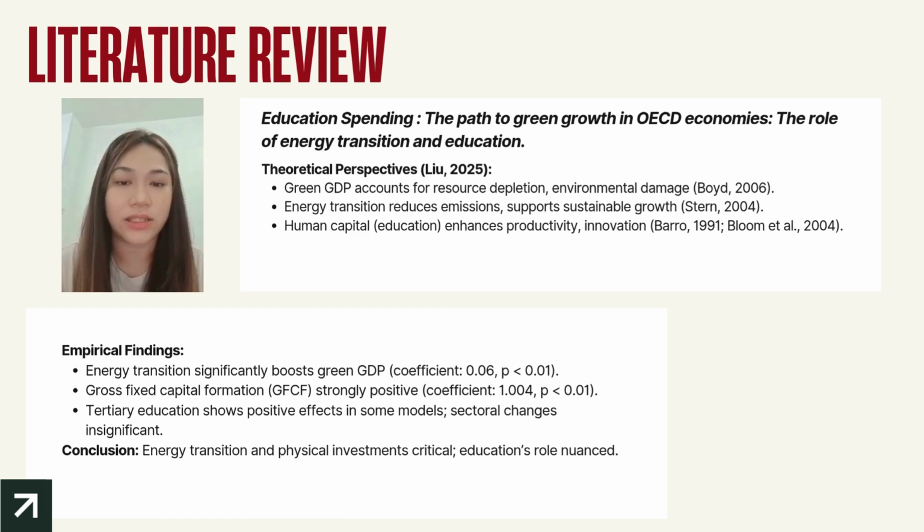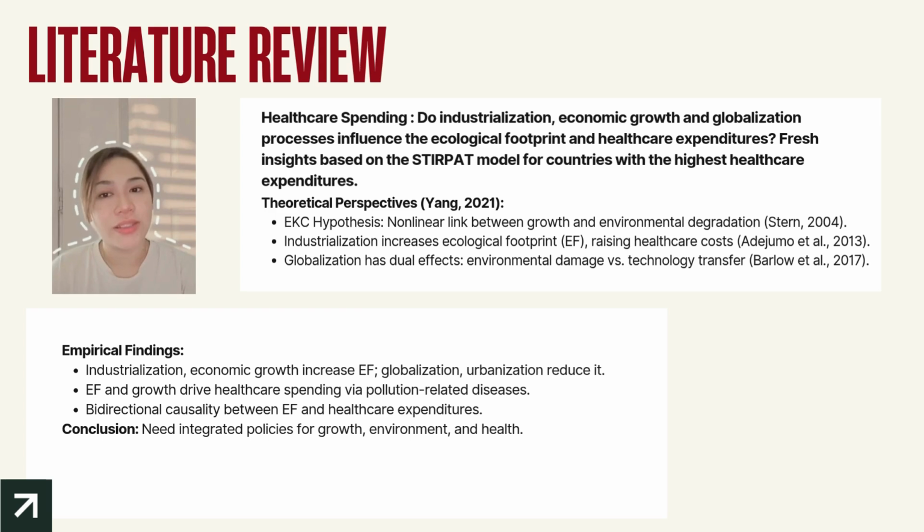Education, especially tertiary, shows positive effects in some models, but in sectoral changes, it is less impactful. The takeaway is that energy transitions and capital investment are critical, but education's role needs targeted policies to maximize green innovation.